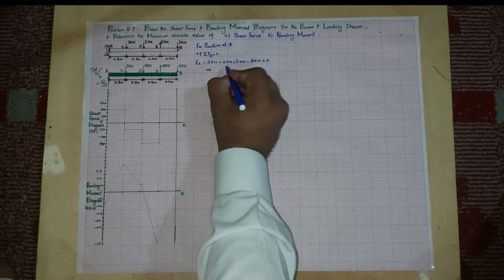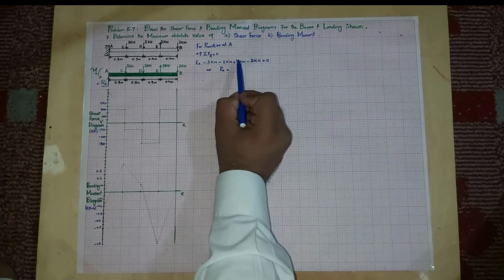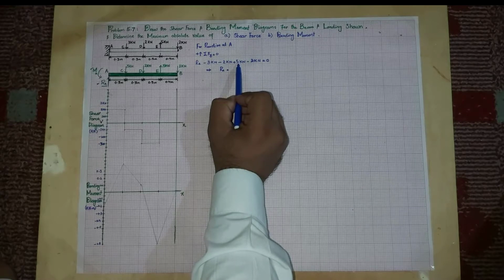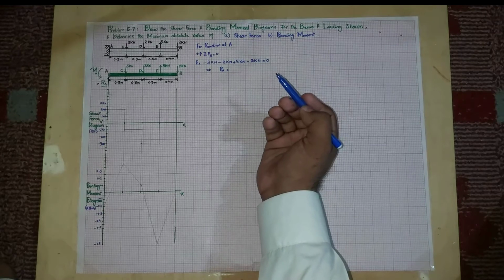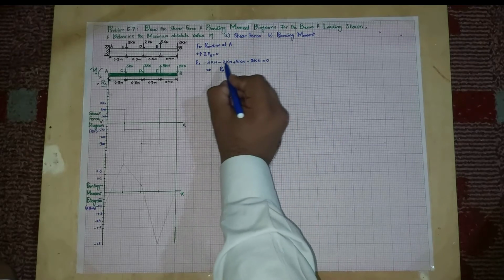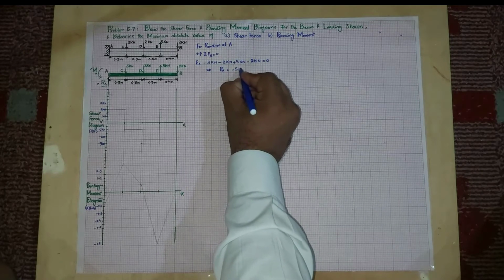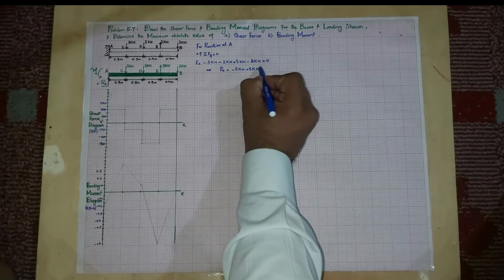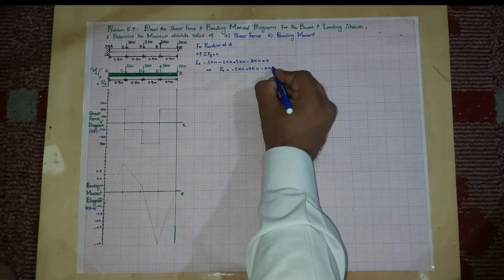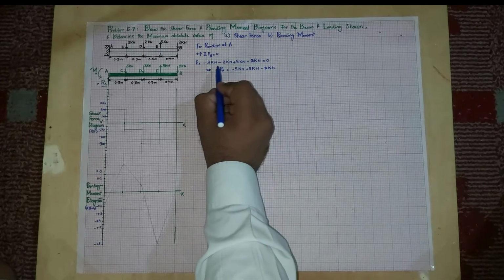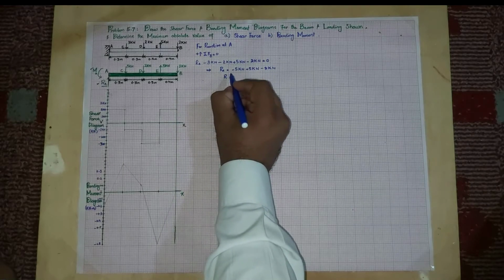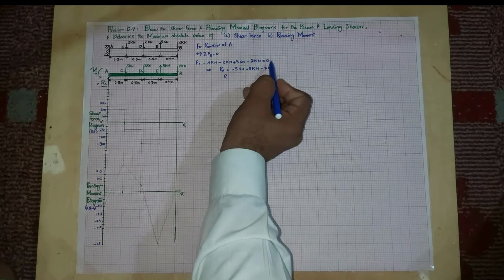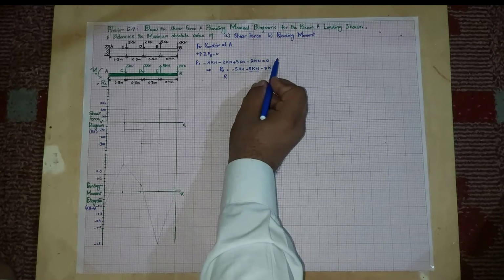So if we solve that, RA will be equal to, basically, minus 3 and minus 2, which will be minus 5, and then plus 5 kilonewton, and then minus 2 kilonewton, moving to the right side.